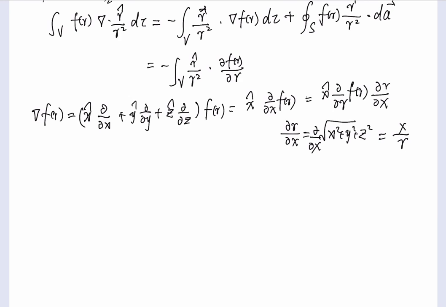And so this term, in the end, by combining all the terms together, gives x hat x over r plus y hat y over r plus z hat z over r, and additionally the derivative of f.